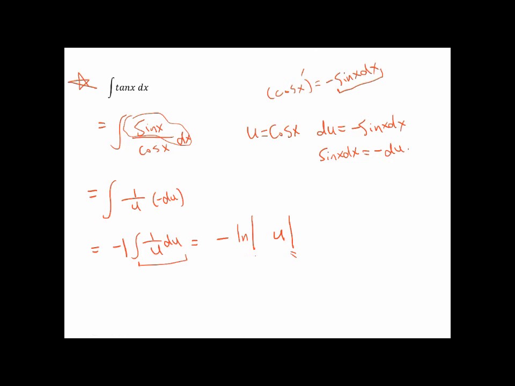You never want to forget this absolute value, plus c. So plug u back, cosine x, which is negative ln absolute value cosine x plus c. Okay? So we want to remember I rewrite it into sine over cosine.